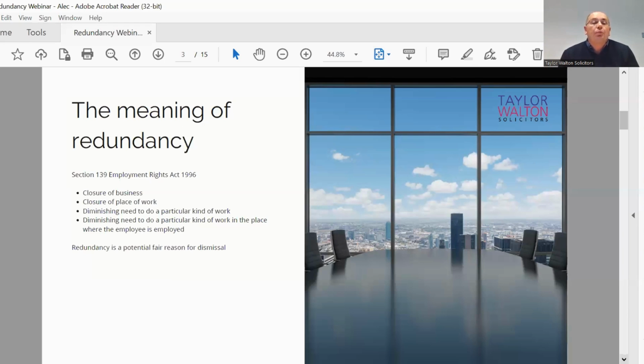Say in our example, that would be 5. So they are the 4 areas of redundancy, and if an employer is contemplating making redundancies, then it's required to meet at least one of those statutory requirements. Generally speaking, it's likely to be the third one there, diminishing need to do a particular kind of work.